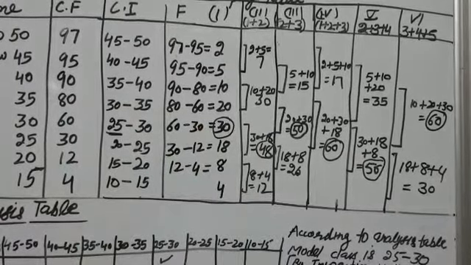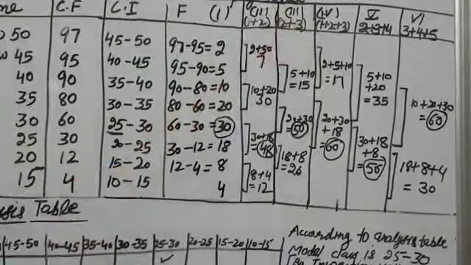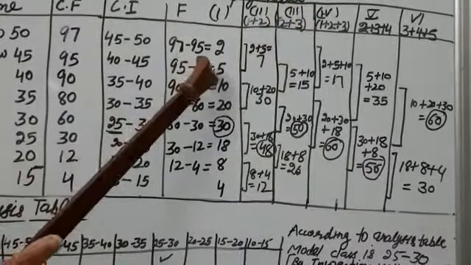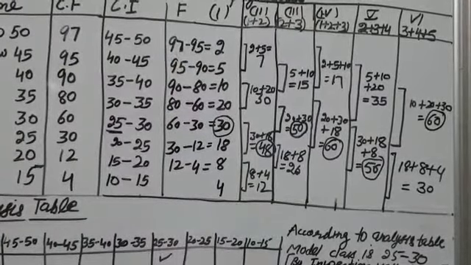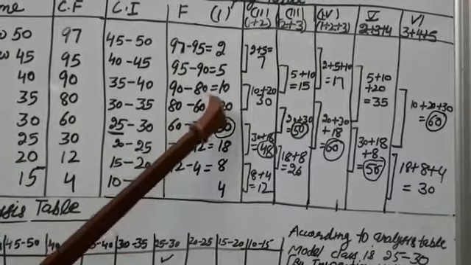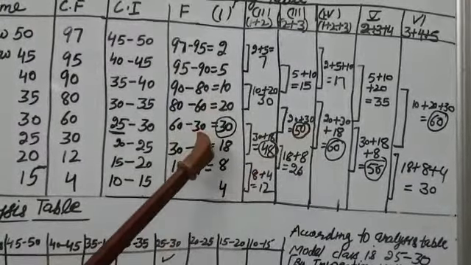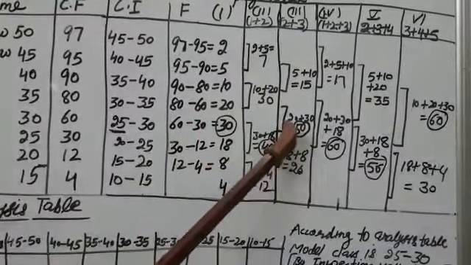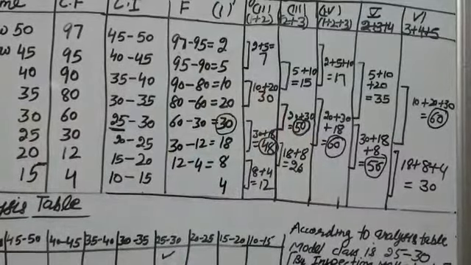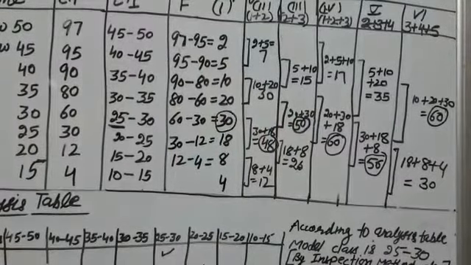Then in the third column it is 2 plus 3. So we will begin with the second frequency, that is 5 plus 10 is equal to 15, 20 plus 30 is equal to 50, 18 plus 8 is equal to 26. So 50 is the highest value, so we will encircle it.